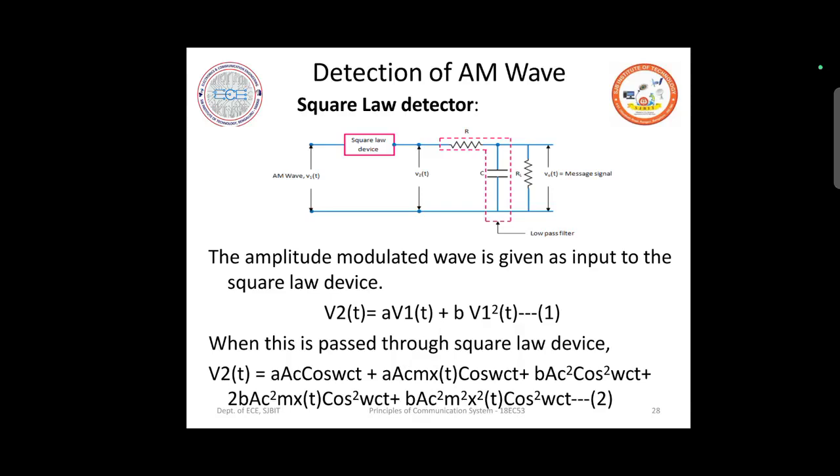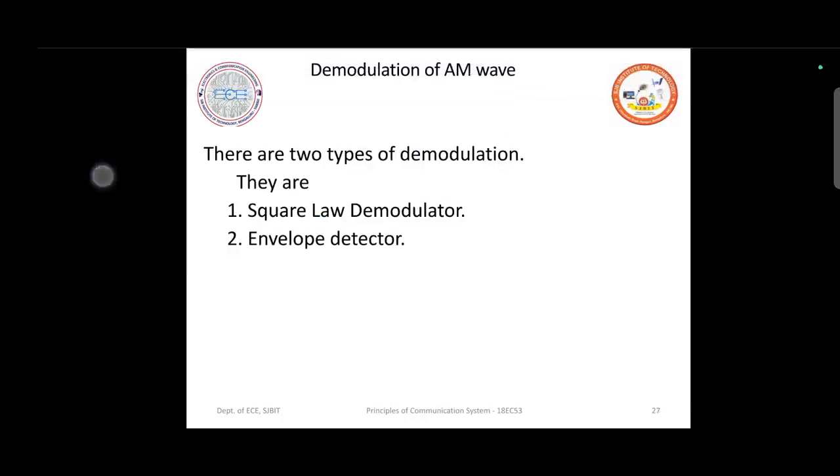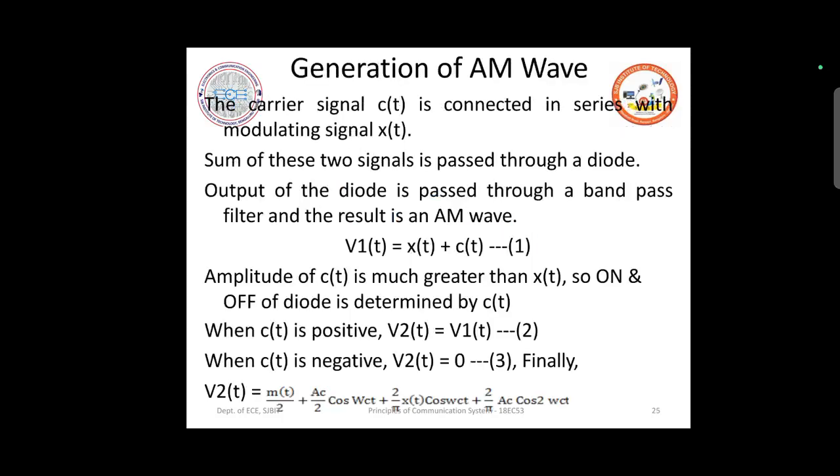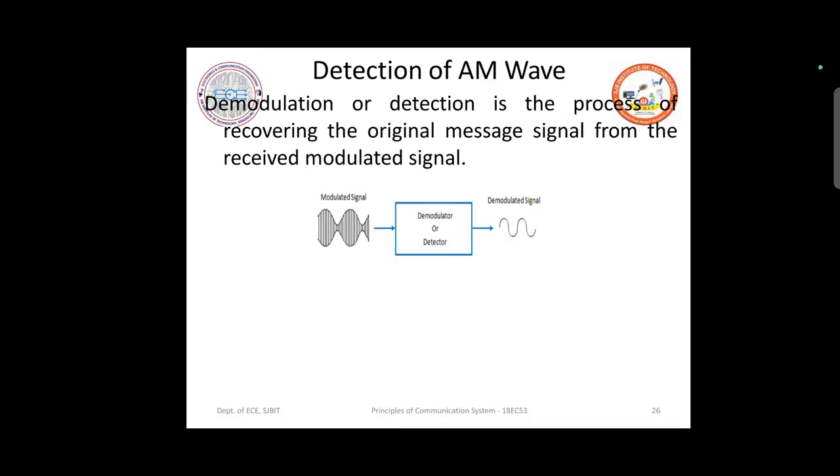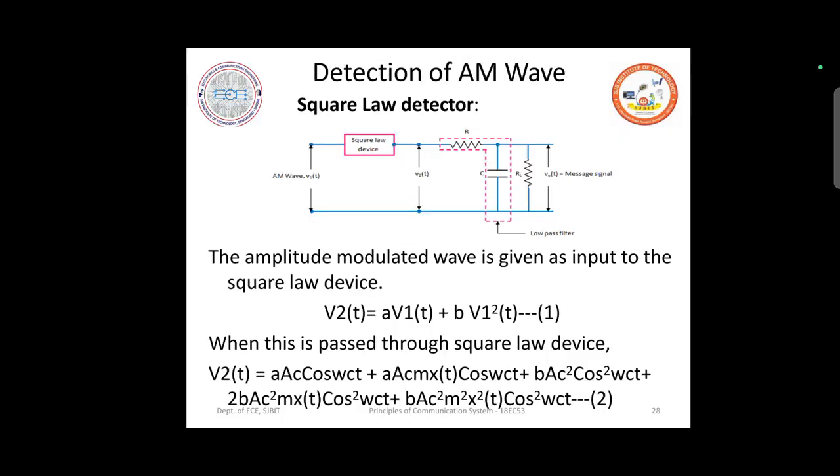When you expand it after substituting for v1 of t, which is your AM signal dealt with earlier, you get equation number 2.